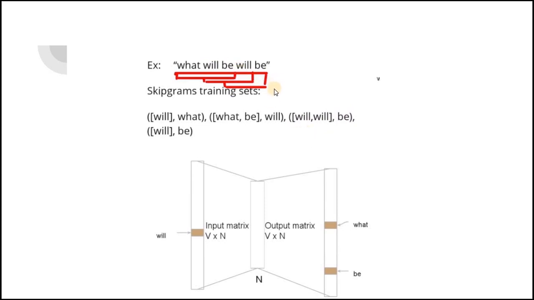Finally, if I take the word be at the end, the neighboring term or context I will be expecting will be will. So this is how I will generate the input that is necessary to train my shallow neural network.